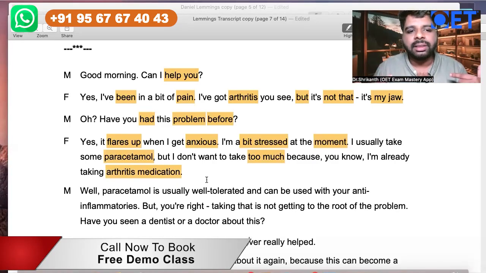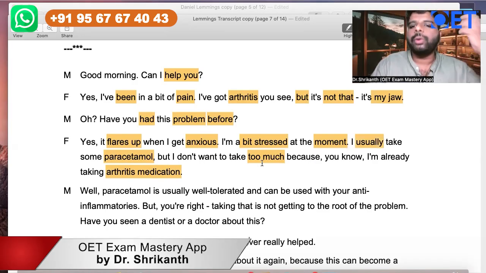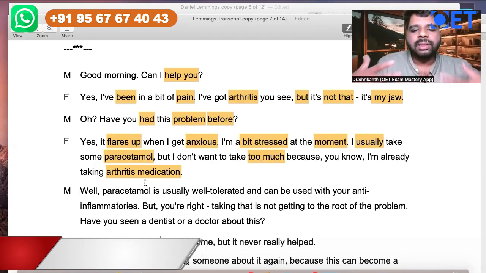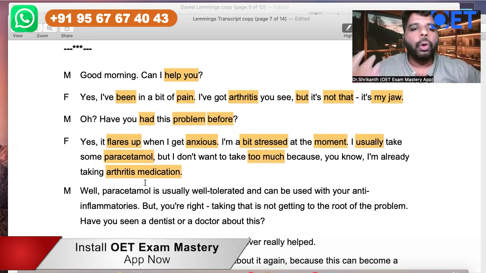Why is she feeling stressed? Because she's talking to the pharmacist. I don't want to take too much paracetamol because I'm already taking arthritis medication. So she's saying I'm a little bit stressed because I don't want to overdose myself on paracetamol.